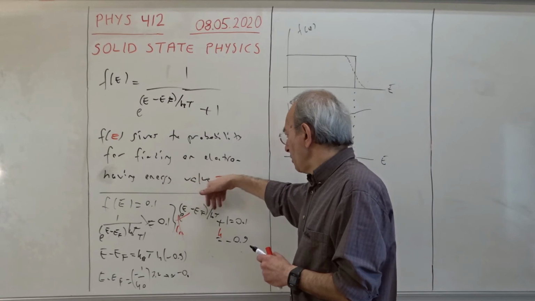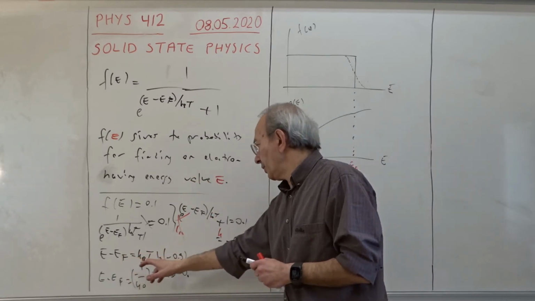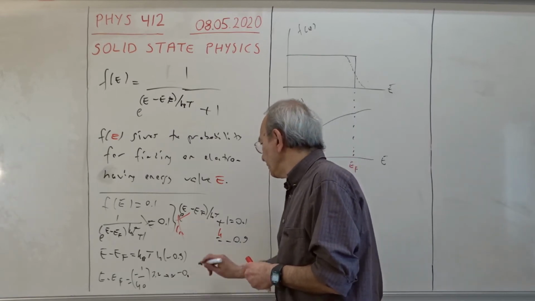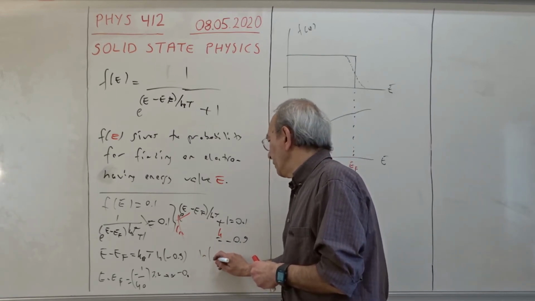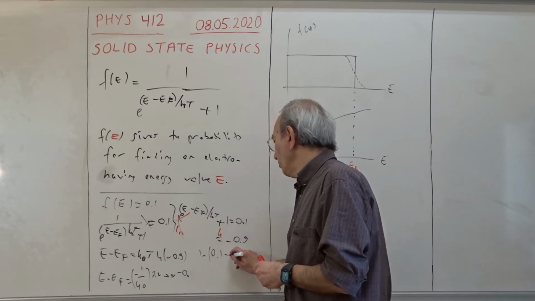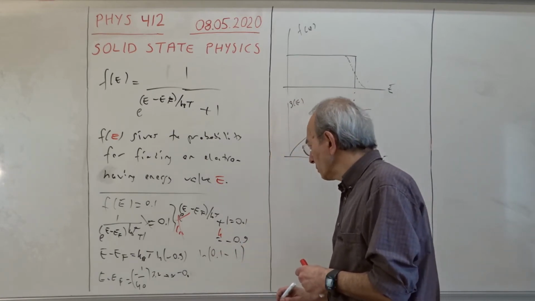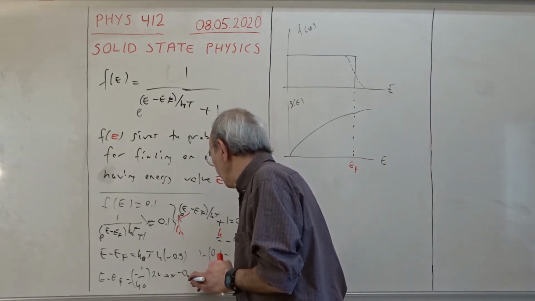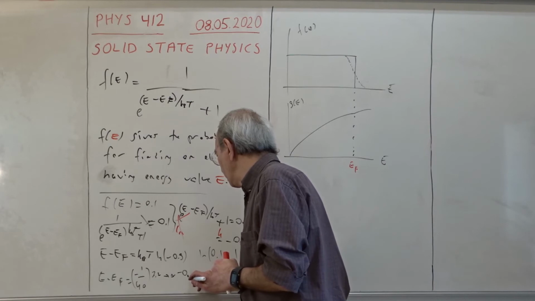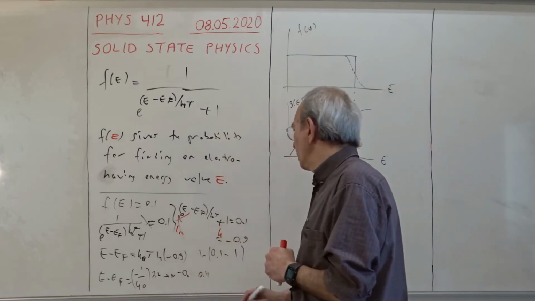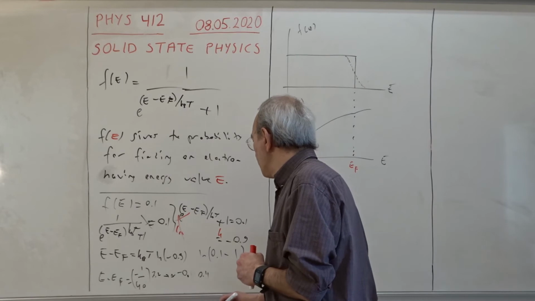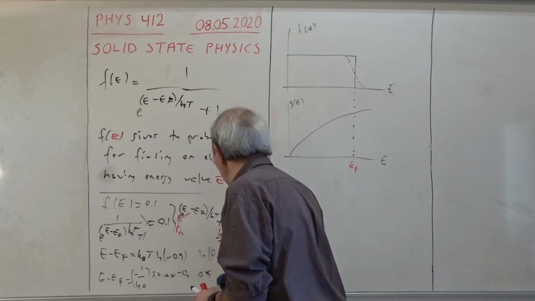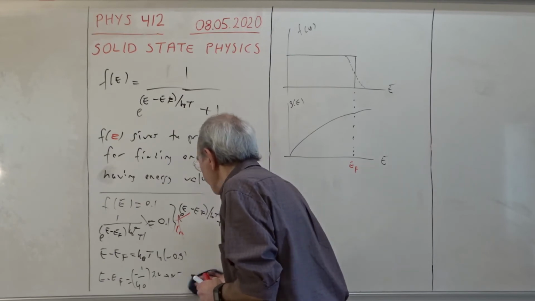Just this difference, take the ln, so kBT ln minus 0.9. 0.9 is ln 0.1 minus 1. So this ln corresponds to roughly 0.5 or so.